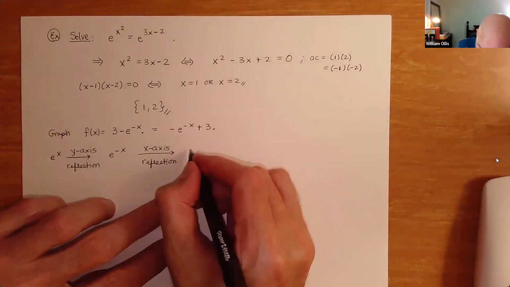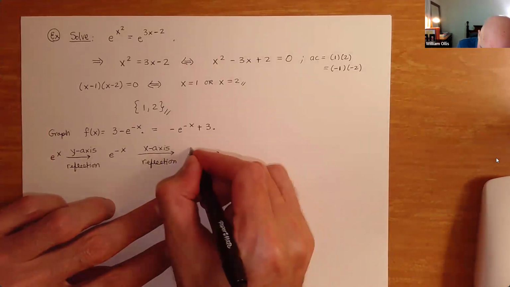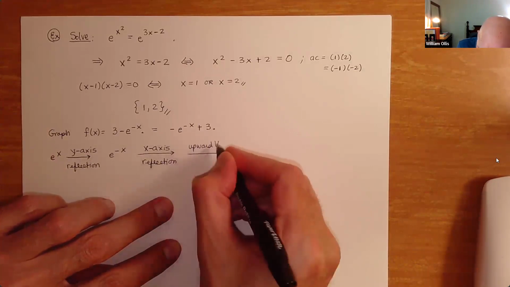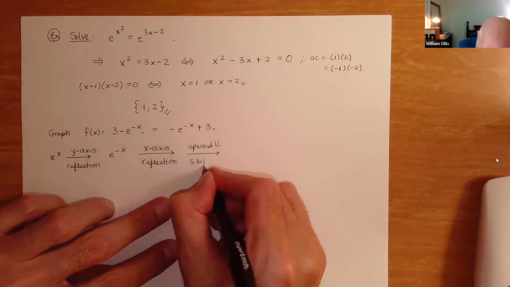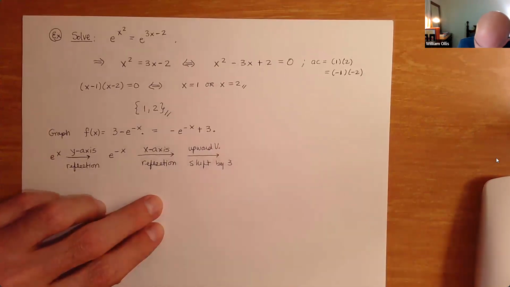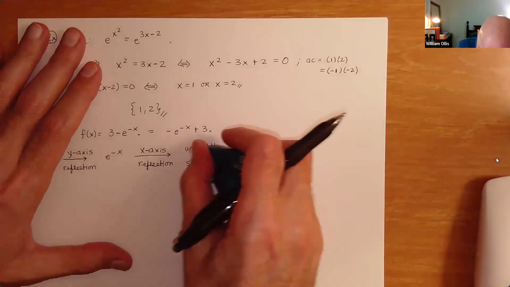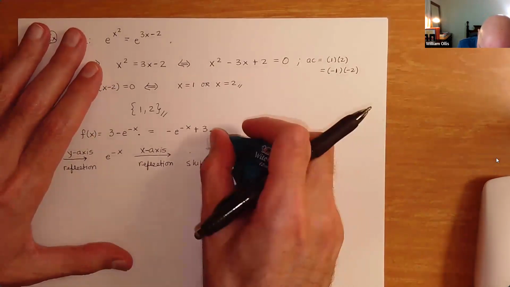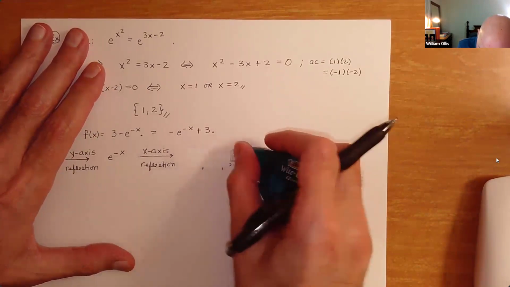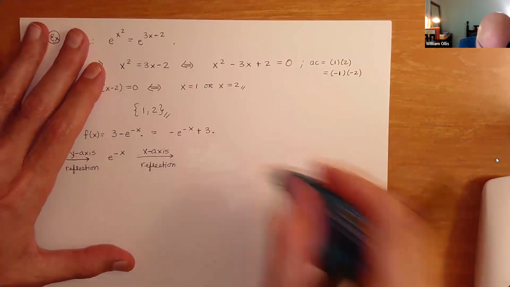And then lastly, we'll just do an upward vertical shift by 3. Sorry, I'm talking about the function and I didn't leave any space, and I don't think I can squeeze it in there. Let me just go ahead and put this in.